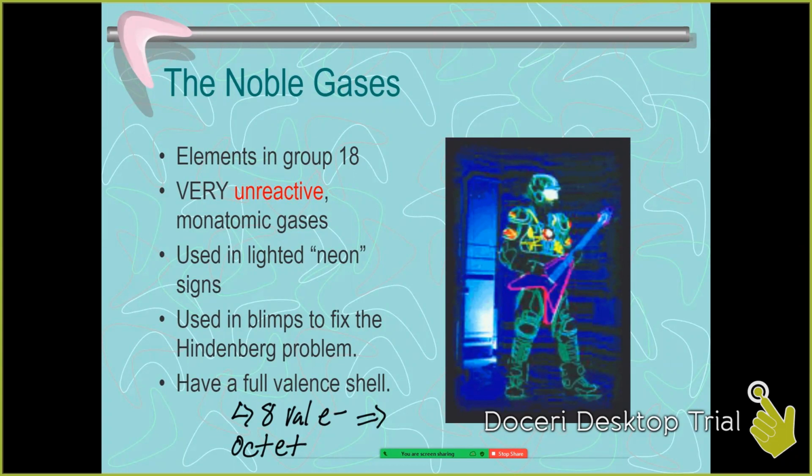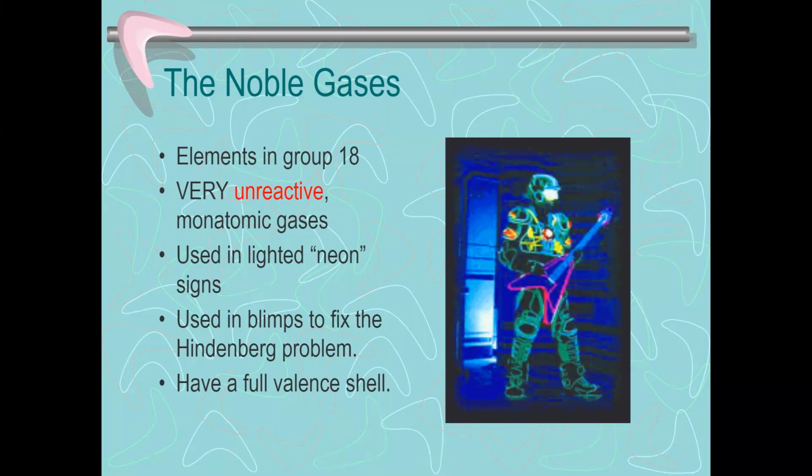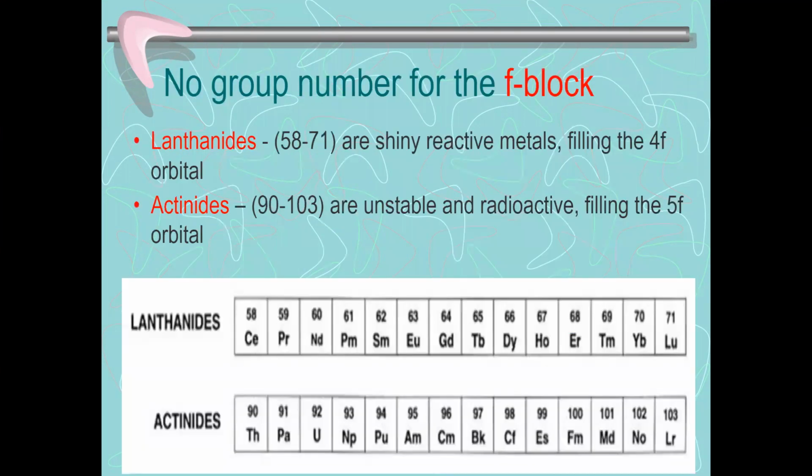All right, last 2 little things on the next page are these pulled out elements. The only reason they are pulled out of the periodic table is because if you try to fit them in there, it makes the periodic table very, very long.